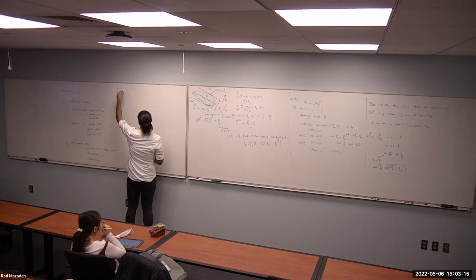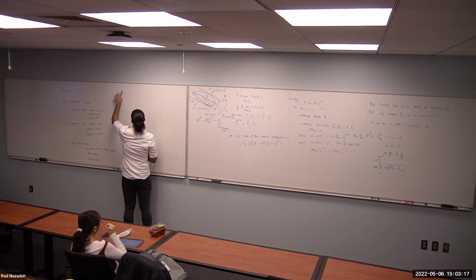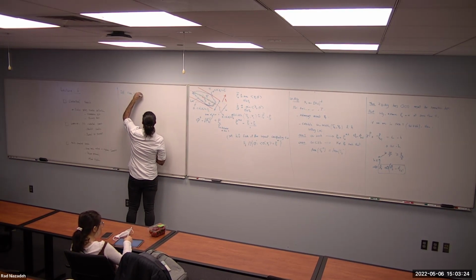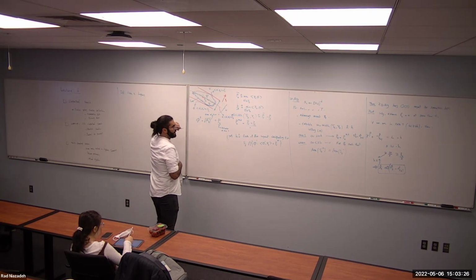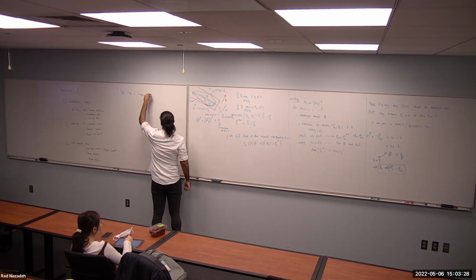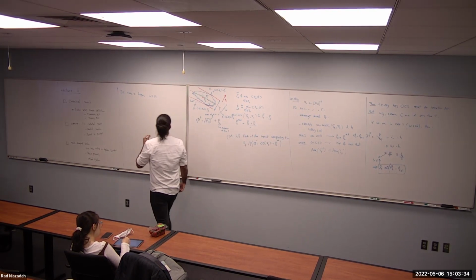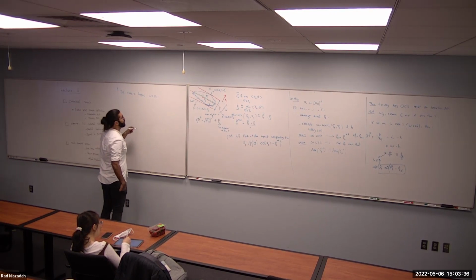So case number 2. If case number 2 happens, then we know that W is smaller than 2 times H. So here is a very beautiful geometric argument that we found in this paper.